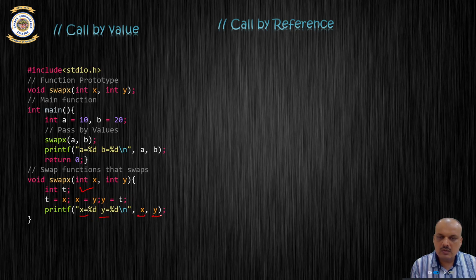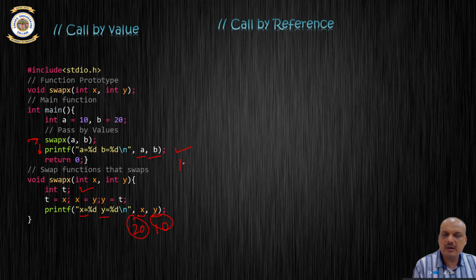Basically you expect what is printed out to be 20 and 10 instead of 10 and 20, because x now has the value 20 and y has the value 10. Fine. Again I come back. Once you come back after execution of this and print the values of a and b, given that only the values of x and y are affected and the values of a and b are the same, don't expect 20 and 10 to get printed out here.